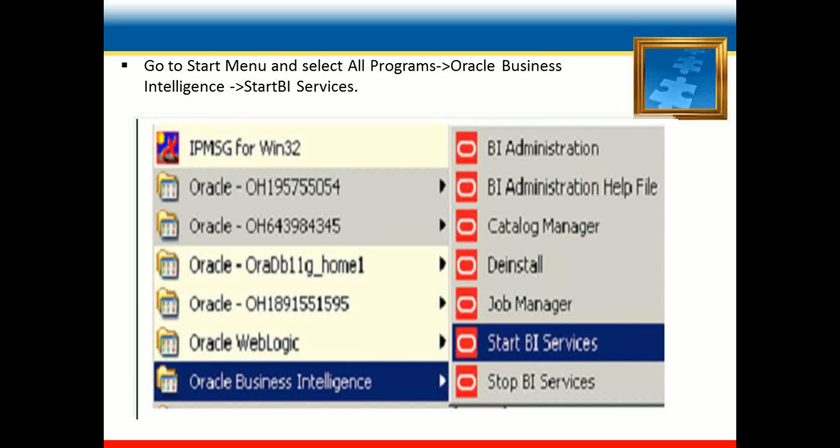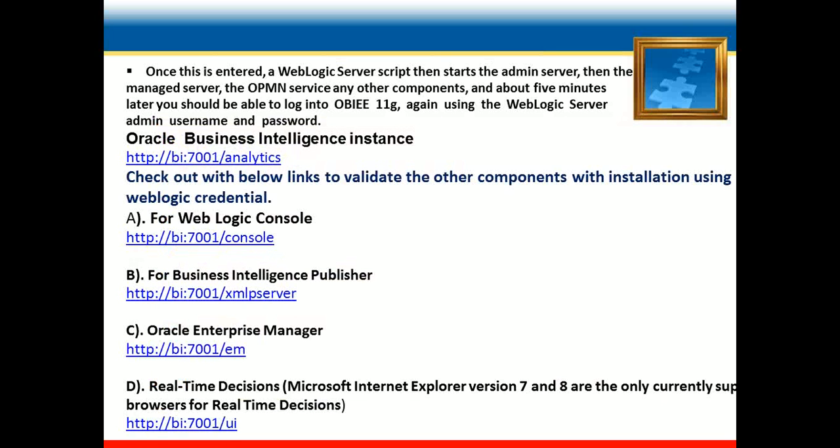We can check the services, and we can start the services from Oracle Business Intelligence, Start BI Services. With the help of Start BI Services, we can start our Oracle Business Intelligence services, that means the Business Intelligence server service, the scheduler service, and the presentation service.